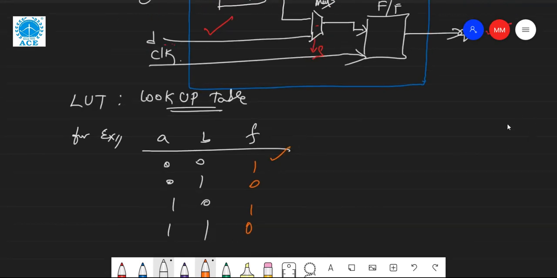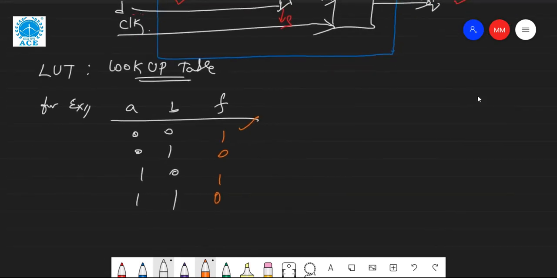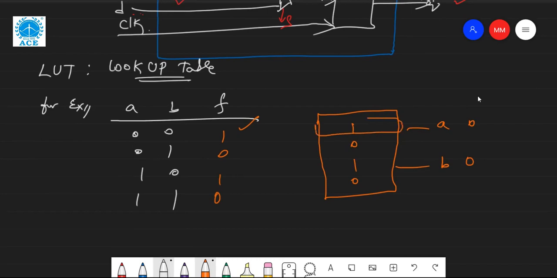In the lookup tables, the inputs A and B act as a selector. Suppose this is my output 1010, okay. Then whenever A, B are given, suppose A B is 00, then the first line will be selected.